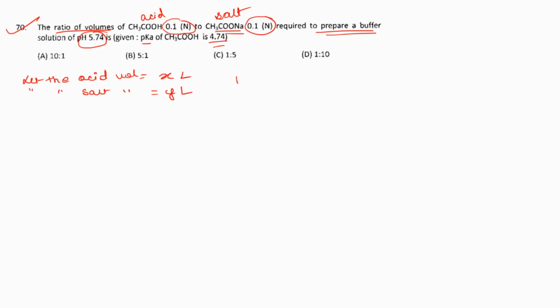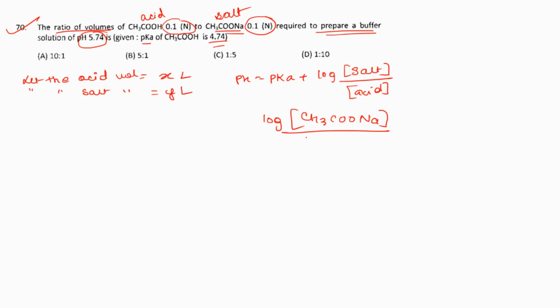Now I know the formula, that is pH is equal to pKa plus log of concentration of salt by acid. So log of CH3COONa by CH3COOH turns out to be pH, 5.74, minus pKa, 4.74.